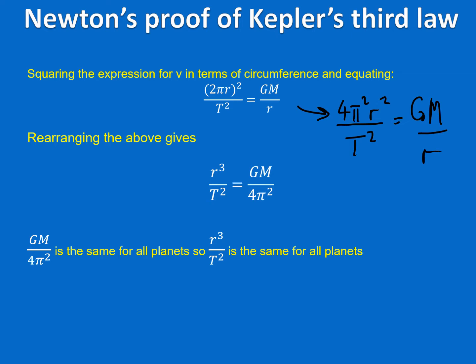Thinking about this as well with Newton's proof of Kepler's third law, where we've used the centripetal force: if we reduce the separation between the planet and the satellite, v increases.